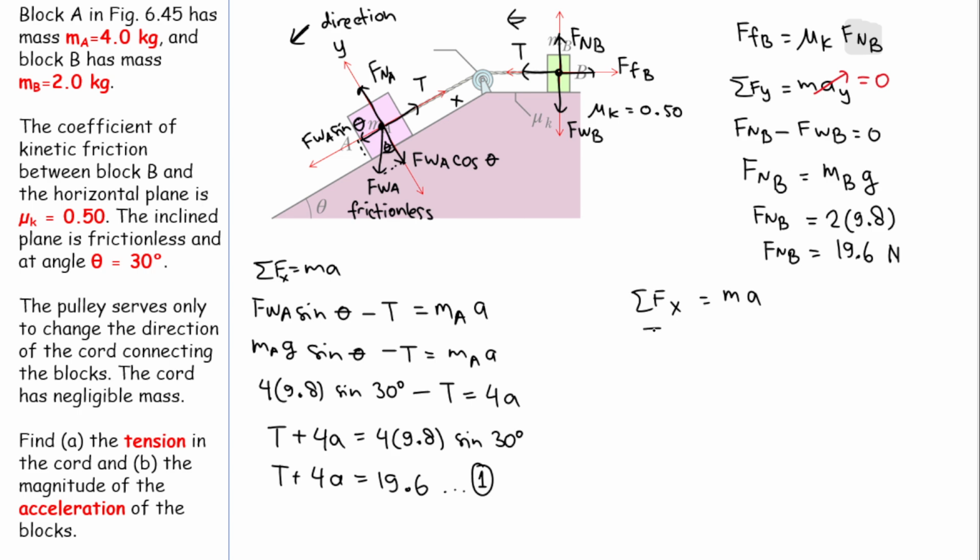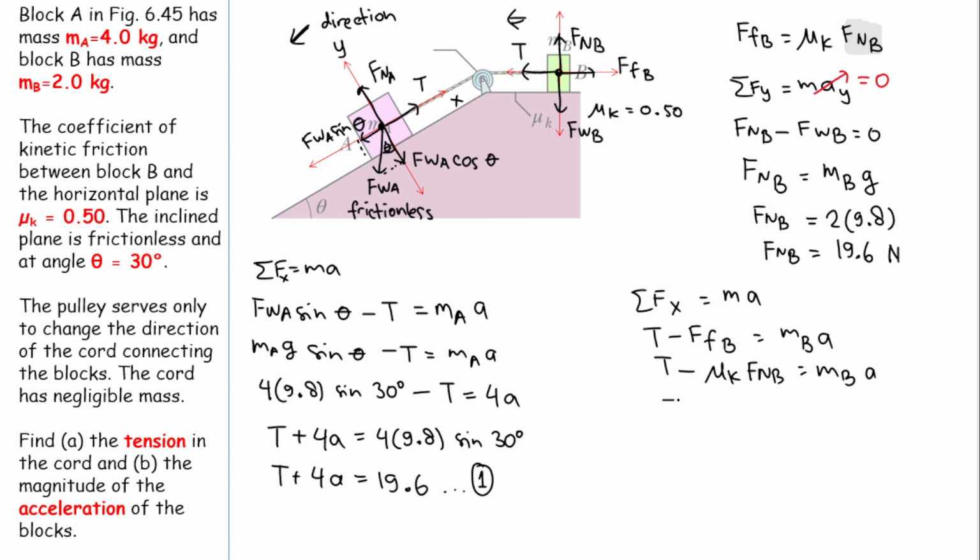So we'll have T minus FFP, and we are working on mass P, so the mass of P times our acceleration. Good. Now, what is FFP? Mu K times FNB. And that will equal MP times A.